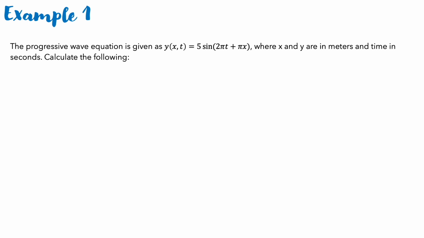Example number 1. A progressive wave equation is given as this, where x and y are in meters and time is given in seconds. Here y is in meters, y is the amplitude or the intensity of the wave, distance along the y-axis, and x is the distance it has traveled from the origin.